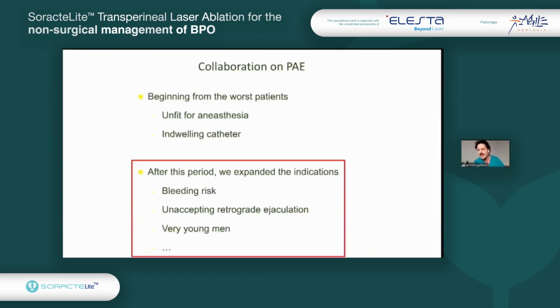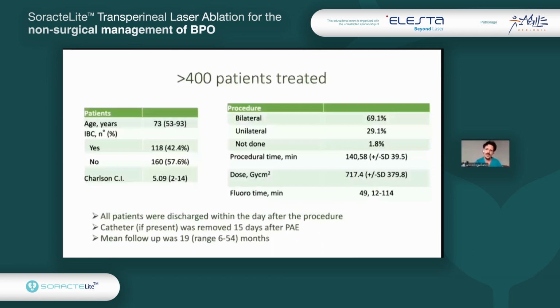After this experience, we expanded the indications, always giving the radiologist other patients: patients with bleeding risks, patients who did not accept retrograde ejaculation, or really young men under 50 who wanted to improve their urinary situation but wanted to continue to ejaculate.